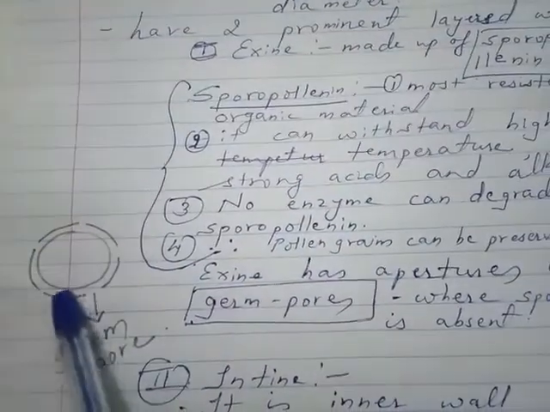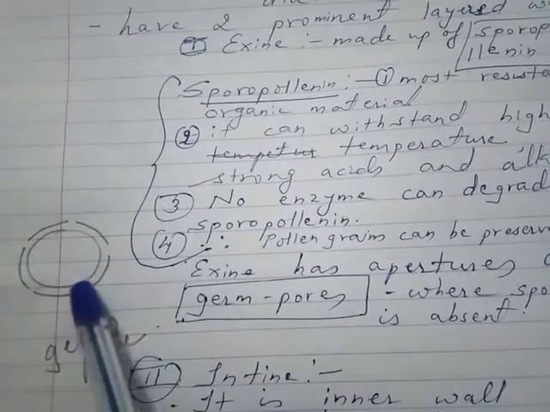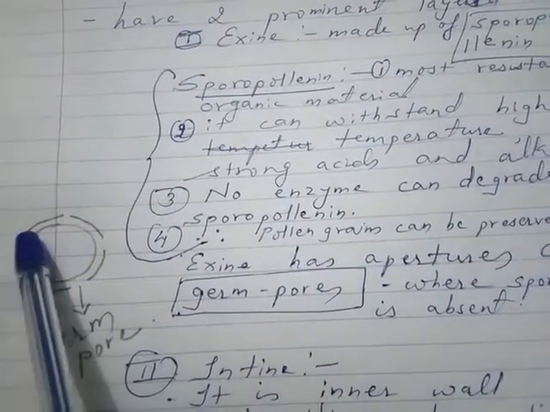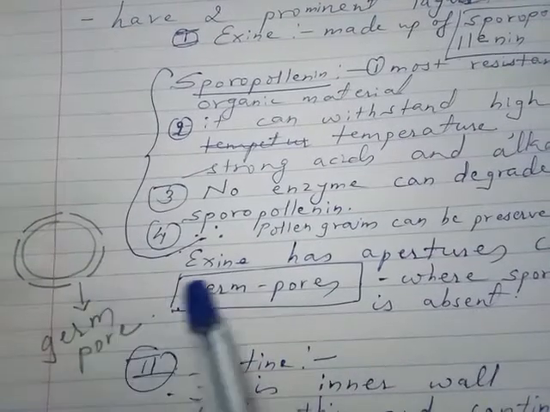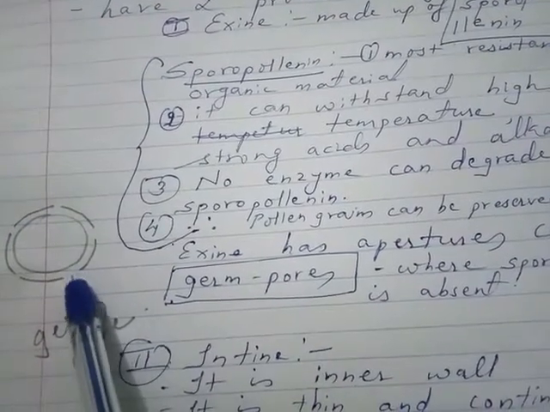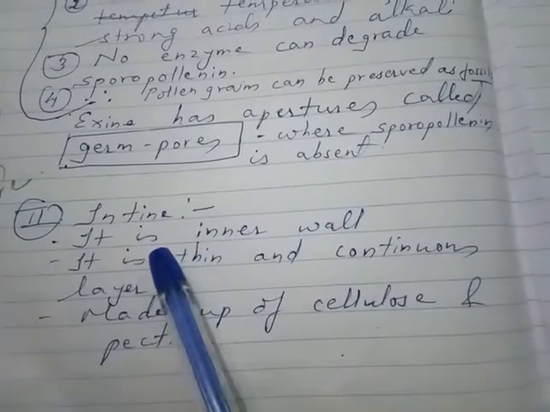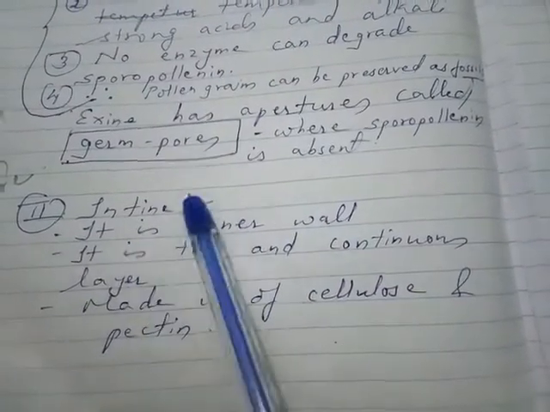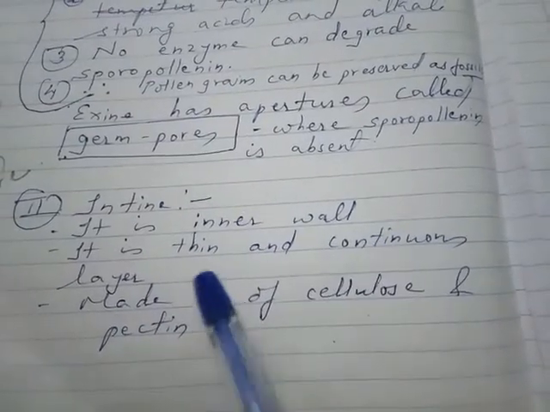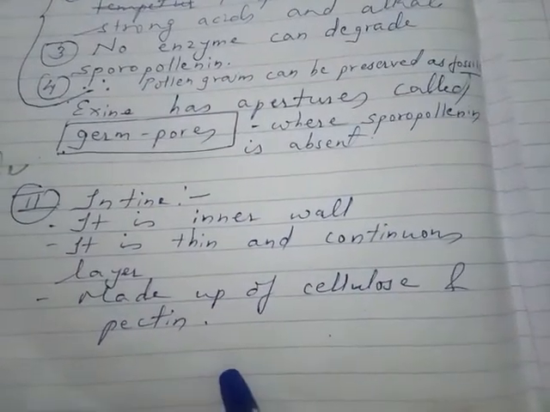So in pollen grains, two layers are present. The outermost is the exine. In between it has the apertures, called germ pores, where sporopollenin is absent. The inner layer is called the intine. The intine is a thin and continuous layer made up of cellulose and pectin.